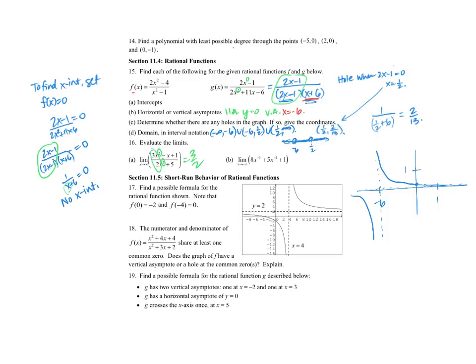For this one, as x goes to negative infinity, well, this thing is getting bigger and bigger, so this is getting smaller and smaller. It's going to approach 0. Well, okay, let me rewrite this. I could do this as the limit as x goes to negative infinity of 8 over x cubed plus 5 over x, plus 1.